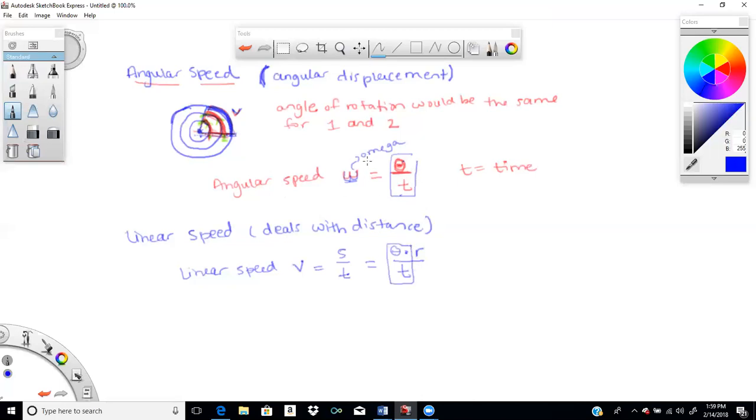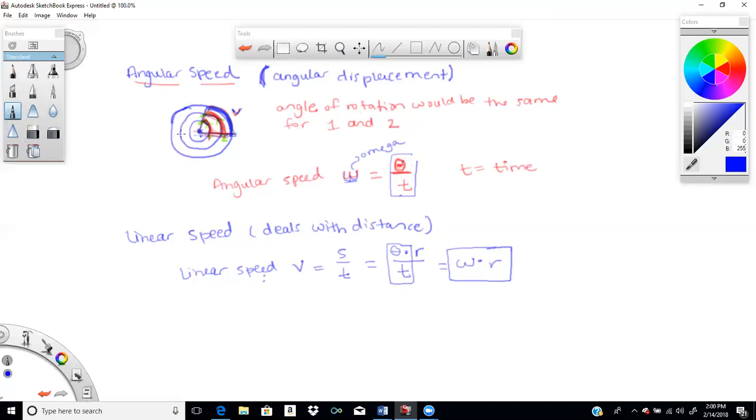So we can replace the theta over time with omega. So basically, linear velocity incorporates the angular speed times the radius, and this is your linear speed. So we need the angular speed in order to get the linear speed.